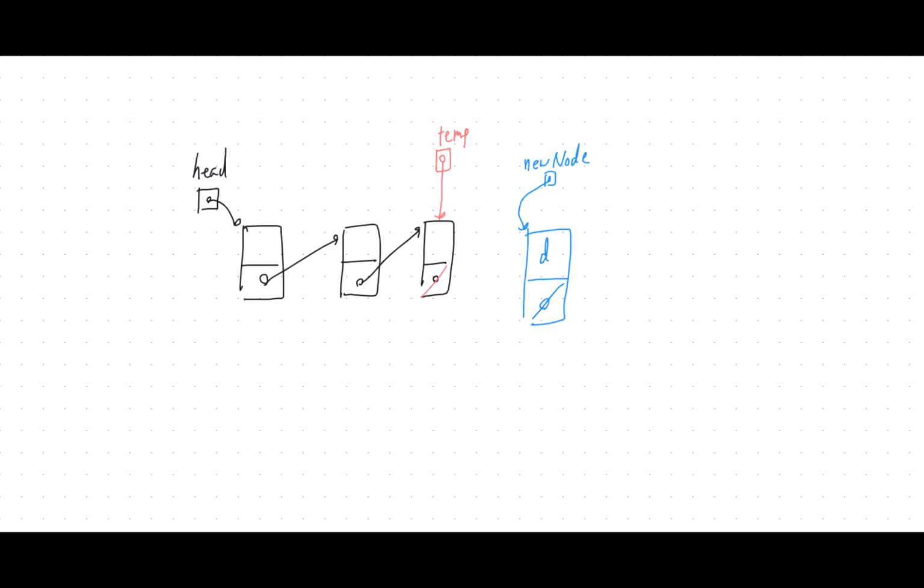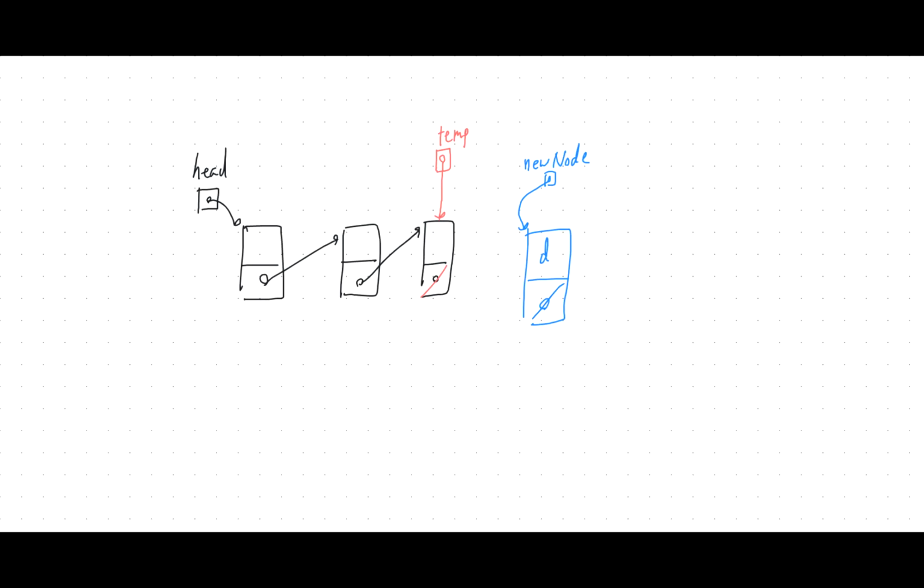So now temp is here. Now we want to make the connection, and we have to do that by some pointer manipulation. Okay, so basically there is one thing to do, and that is this pointer, which is null here, should not be null anymore because this node is not the last node anymore.